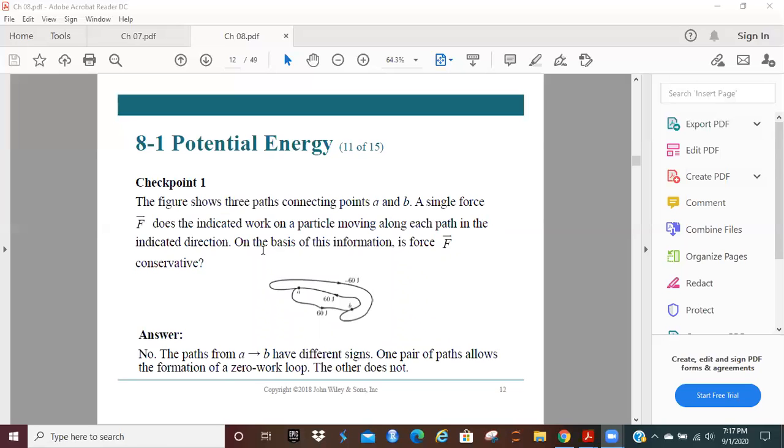So take a look at the figure, which shows 3 paths connecting A and B, 3 different ways to get from A to B. A single force does the indicated work on a particle moving along each path in the indicated direction. From this drawing, is the force conservative?